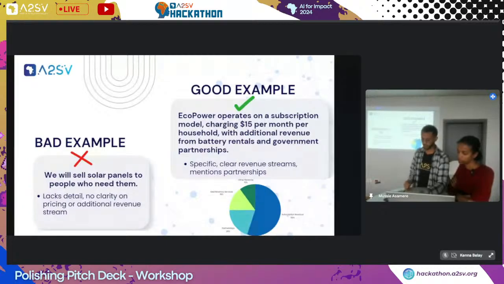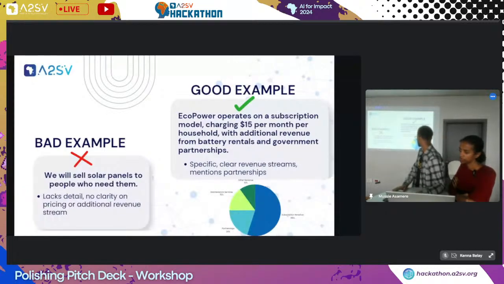They've also mentioned here that there are additional revenue streams from battery rentals and government partnerships. So this means there are branched revenue streams that could potentially earn you money and generate income. That's potentially a plus. Mentioning partnerships is also a good side of this example.